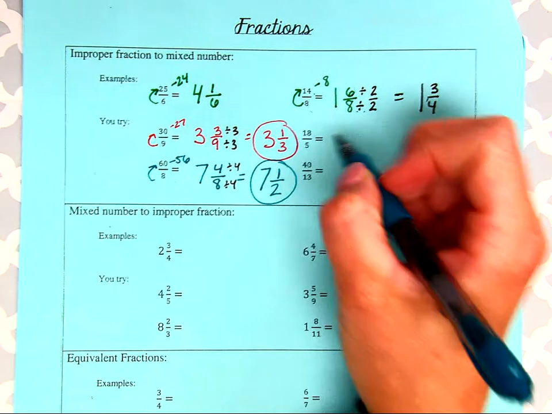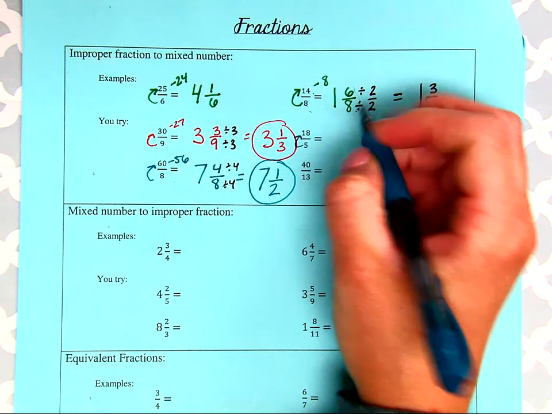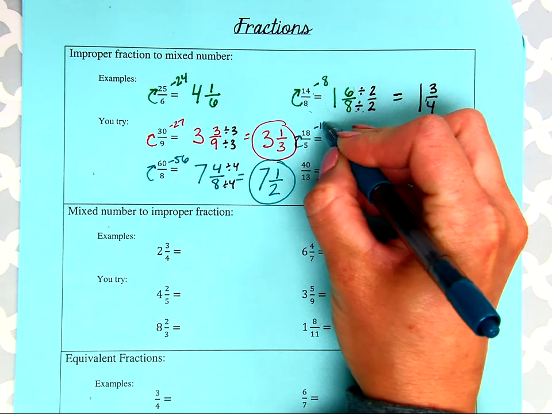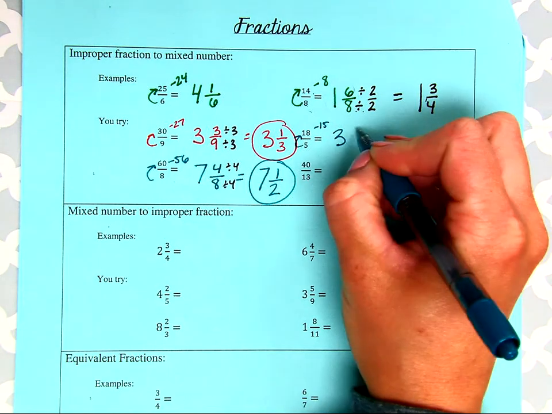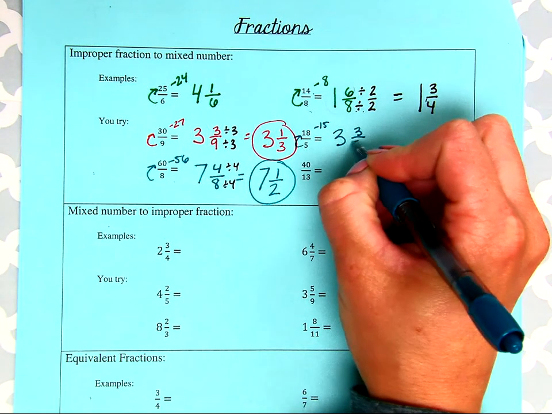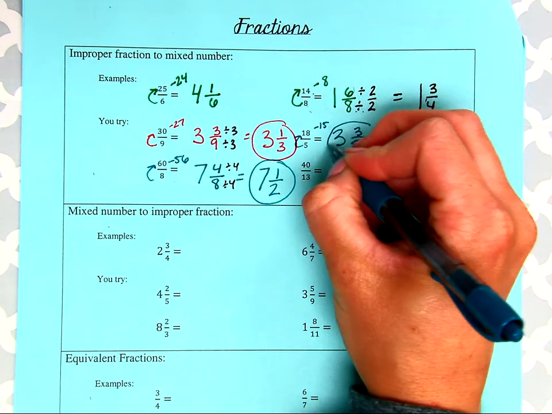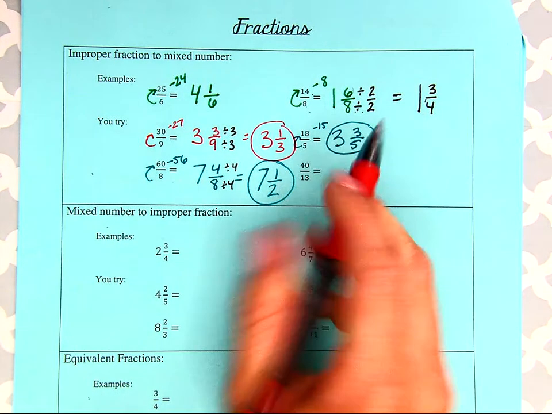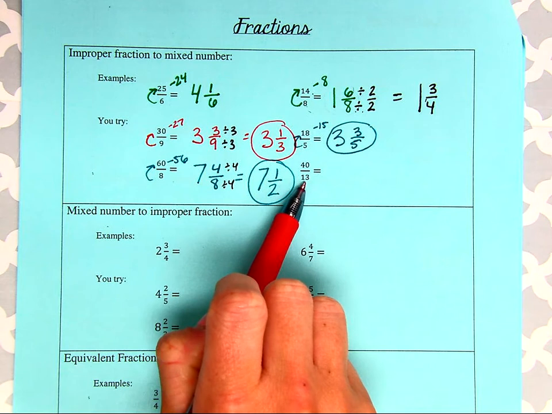And then this one, 5 can go into 18 3 whole times. 5 times 3 is 15. So that leaves you with 3/5, and I don't need to simplify that one. 13, this is probably the largest denominator I've given you here.